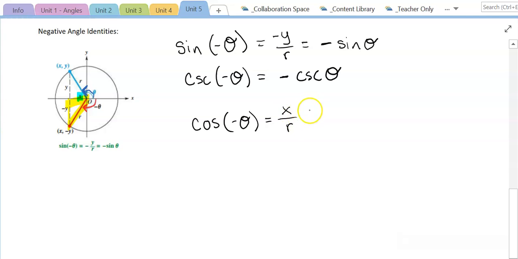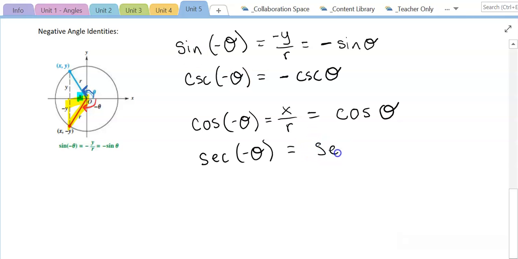So the cosine of a negative angle is actually the same as the cosine of a positive angle. Similarly, if we're taking the secant, flipping our fraction doesn't change that, so it's still a positive secant theta.